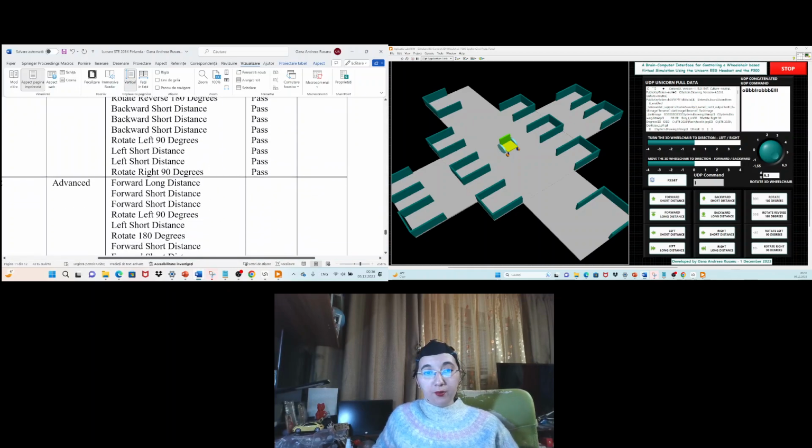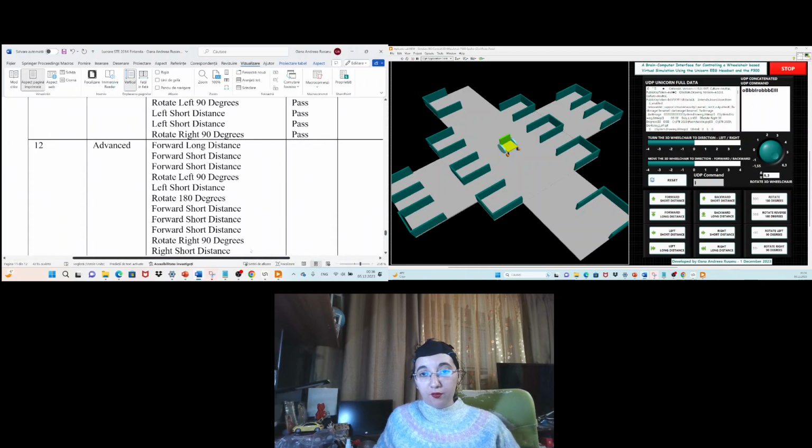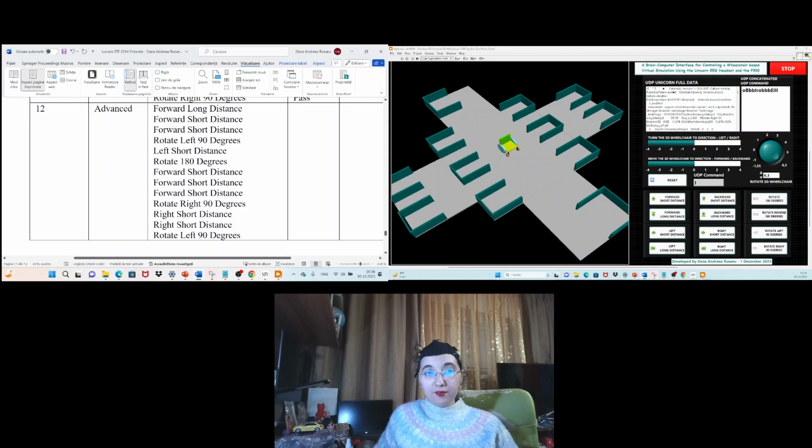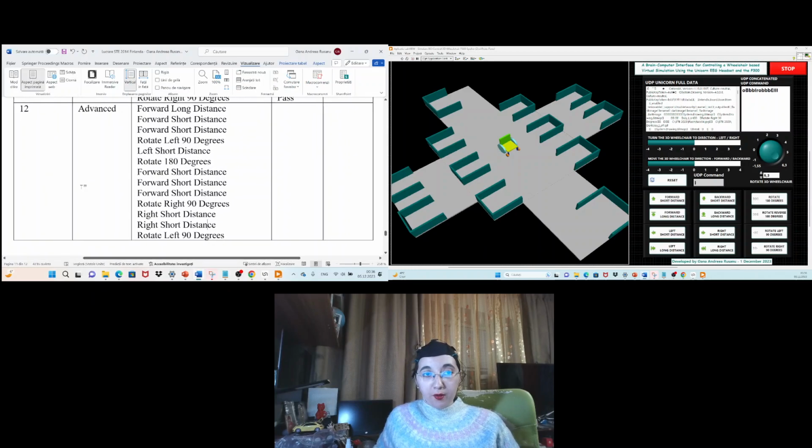And the next experiment is again for the advanced level, and it is aimed to run the next 13 commands here. So it's the last experiment, it's the 11th experiment, and I hope everything will be perfect again.